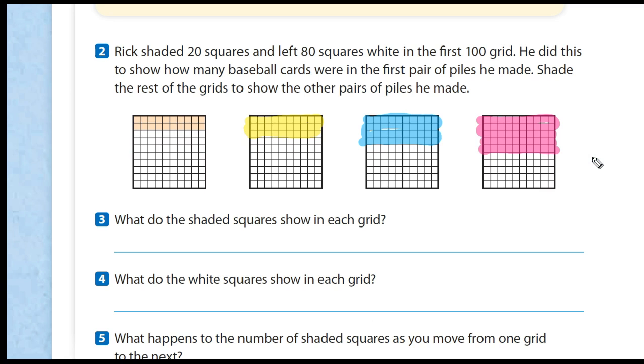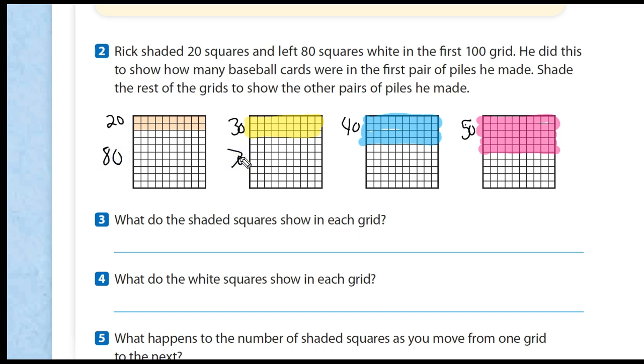So here he has 20 shaded in. Here he has 30 shaded in. Here he has 40 shaded in. And here he has 50. He has 50 shaded in. Okay? If he has 20 that are shaded in, how many are not shaded in then? 80. Okay, if he has 30, how many are not shaded in? 70.